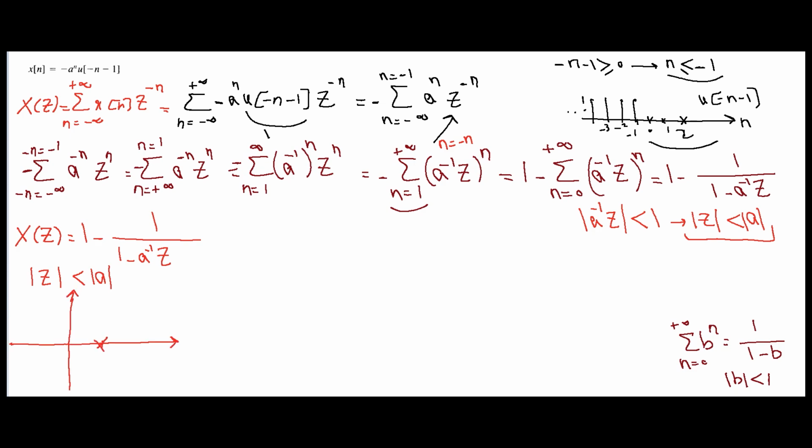Suppose this point represents a. Draw a circle centered at the origin with radius the magnitude of a. Since the ROC consists of all points whose distance from the origin is less than the magnitude of a, the ROC is the entire interior of this circle.